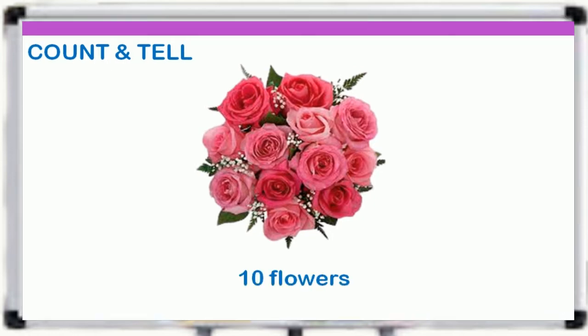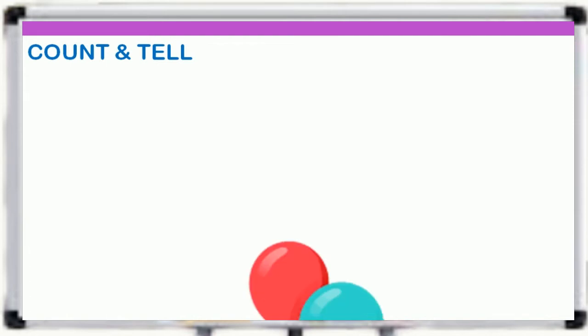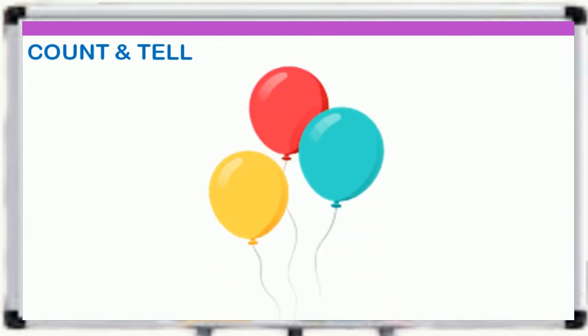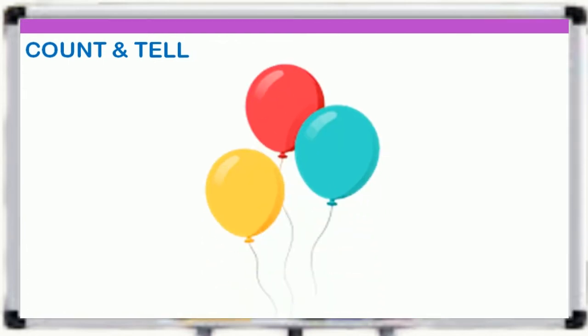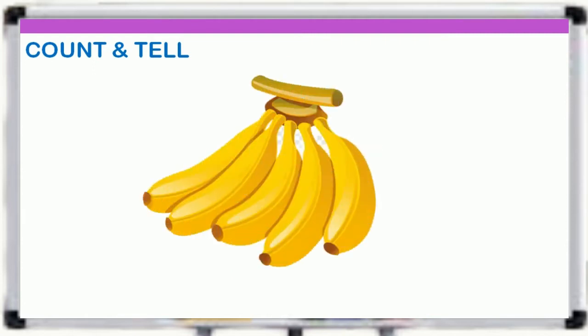10 flowers. Next, balloons. Balloons are flying here. How many balloons are there? 1, 2, 3. 3 balloons. Now, bananas.